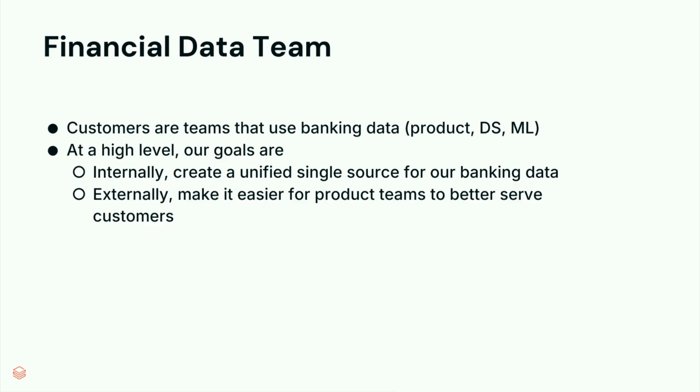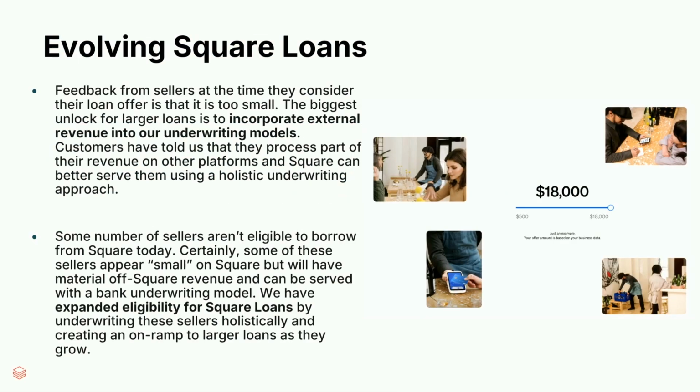At a very high level, internally, our goal is to create a single source of truth for our banking data so that we can disperse that banking data across Square, across all of Block, so that we have a unified source of truth. On the other side, externally, we make it easier for product teams to better serve our customers. So this is providing some of the best financial products and best offers to our customers, very competitive on the market. Now let's go to 2 examples.